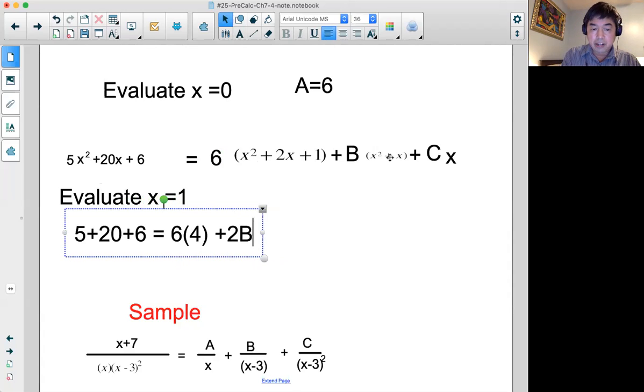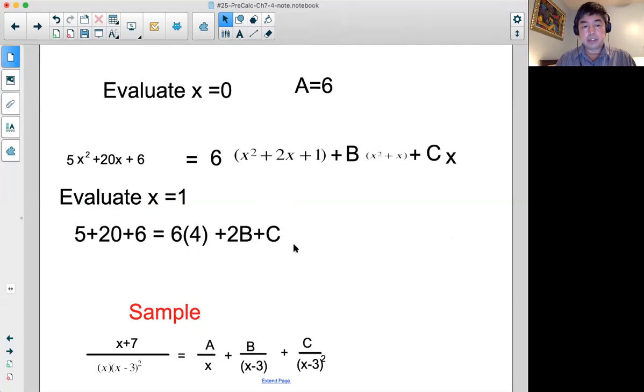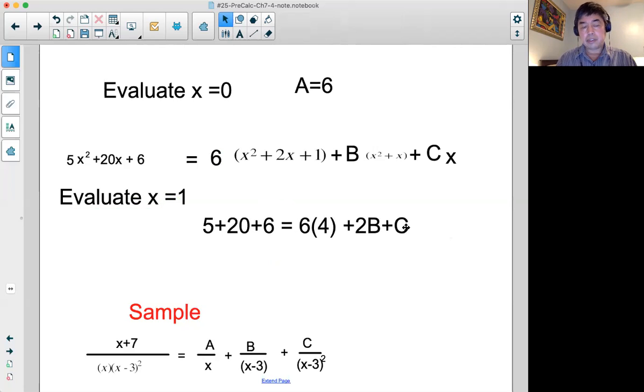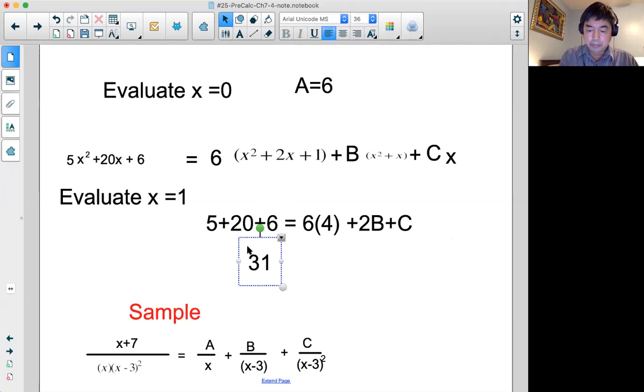Now still two variables, it might be a little bit tough to do it. So you can write down this equation. Let's see. 5 plus 20 plus 6 is 31 here. And 6 times 4 is 24. Oh, still 2b plus 2c.